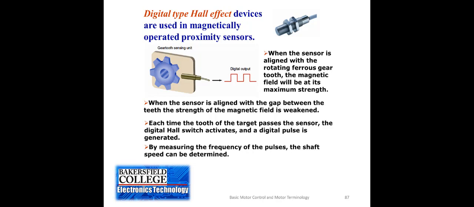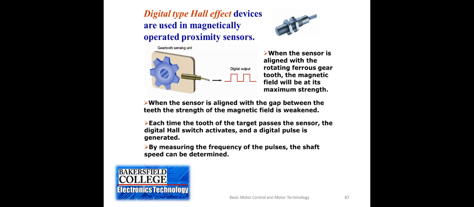We can also use this to cause something to happen at a precise time. For example, they would use this in an automotive engine, a gasoline engine, where each spark plug had to fire at exactly the right time. If it was an 8-cylinder vehicle, they would have a gear tooth in the distributor that has 8 teeth. Each tooth represents a cylinder and when that cylinder needs to fire.